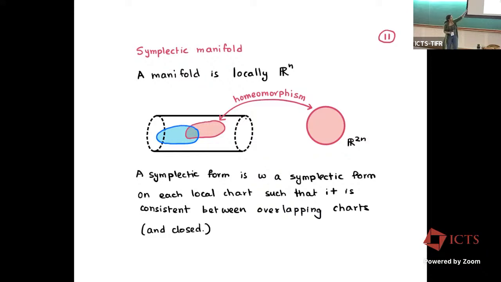If I'm on such a chart on which I know how to map it to R^2n, I will use that matrix multiplication that I did before. If I'm on a different chart, I will use the other way I have identified it with R^2n to do the matrix multiplication. And how is it defined on the whole manifold? Whenever there's overlapping, it has to be somehow consistent.